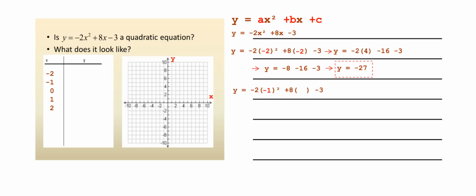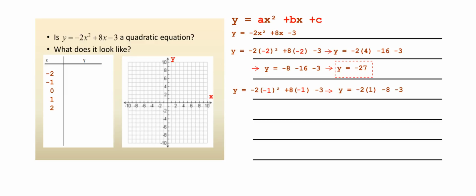Let's continue on. The next value that we picked was an x value of negative 1. There we go, substituting into our original equation. Negative 2 times negative 1 squared, well, first the squares, right, order of operations. Negative 1 times negative 1 gives us positive 1. And 8 times negative 1 gives us negative 8.